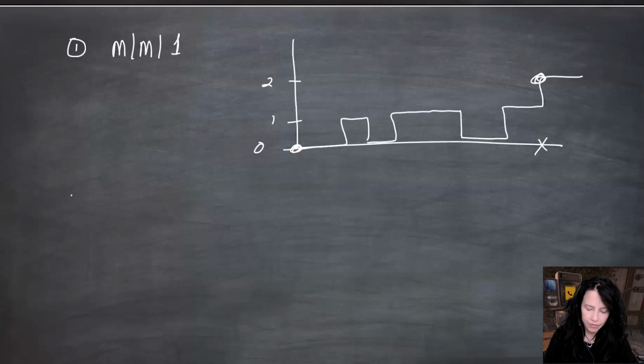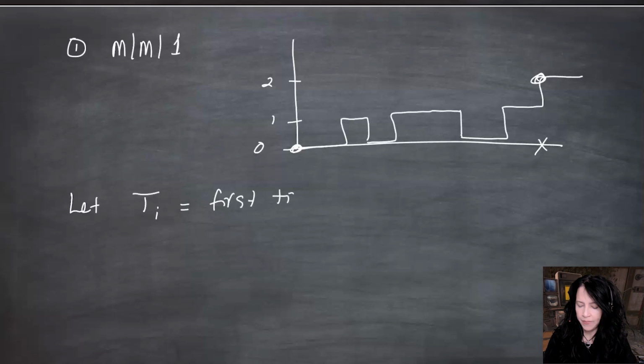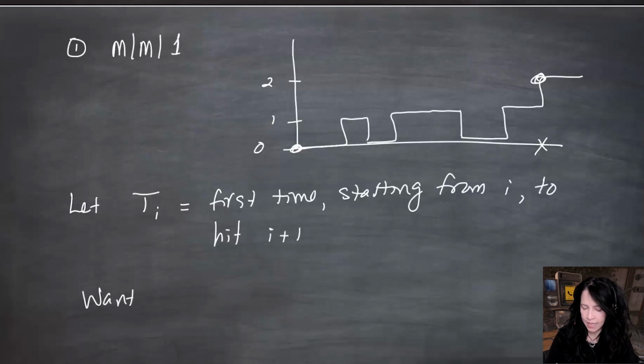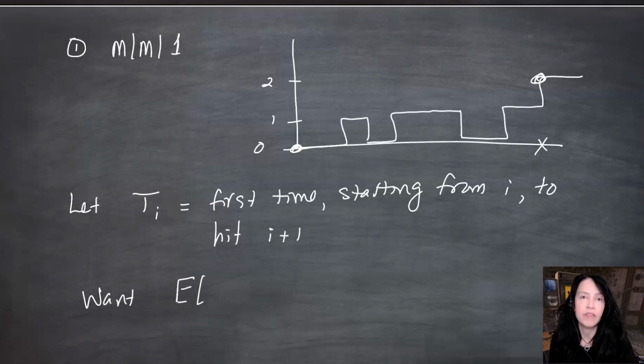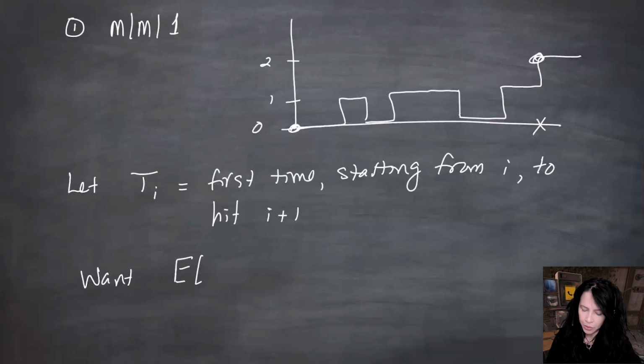If I want to do a first step analysis, let T_i be the first time starting from i to hit state i plus 1. Then what we want to find is the expected value of T_0 plus T_1, since starting from 0 we have to go through 1 before we hit state 2.